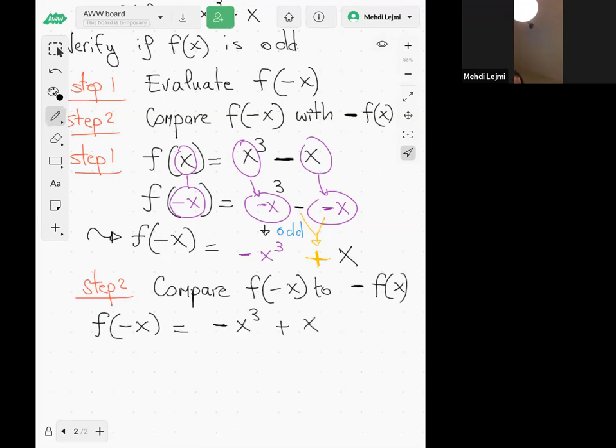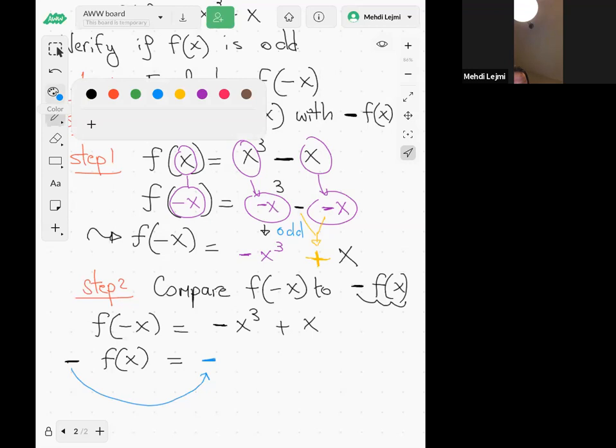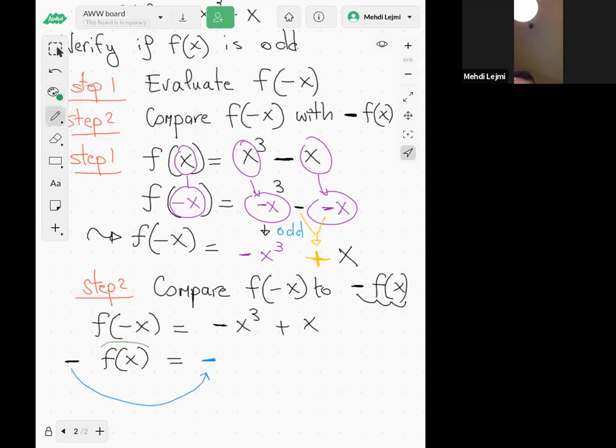Now I need to compare it to minus f of x. So here, guys, be careful. Here's my minus, and for f of x you need to use parentheses. So I'm going to need parentheses here.